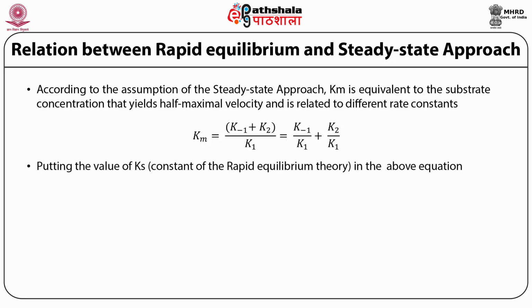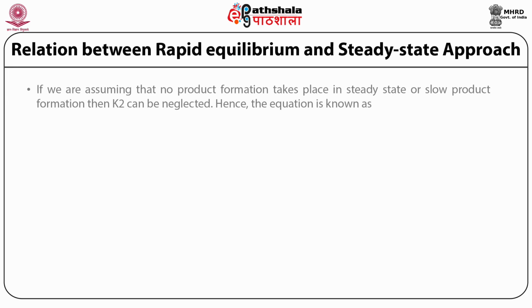So if you put the value of Ks from equilibrium theory, where Ks is equal to K minus 1 divided by K plus 1, then the equation becomes Km is equal to Ks plus K plus 2 divided by K plus 1. If we assume that no product formation takes place in the steady state, or slow product formation takes place, then K plus 2 can be neglected in the steady state model.